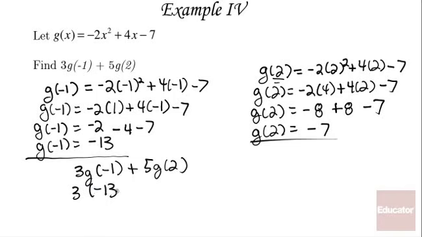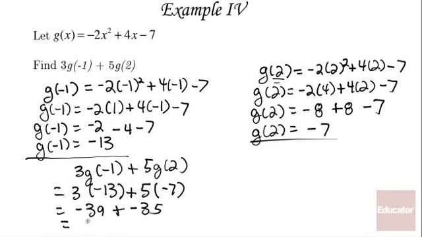So it's 3 times -13 plus 5 times g of 2, which is -7. And what this equals is 3 times -13 is -39, plus 5 times -7 is -35, and that comes down to, when you put it all together, -74. So that is the final answer.